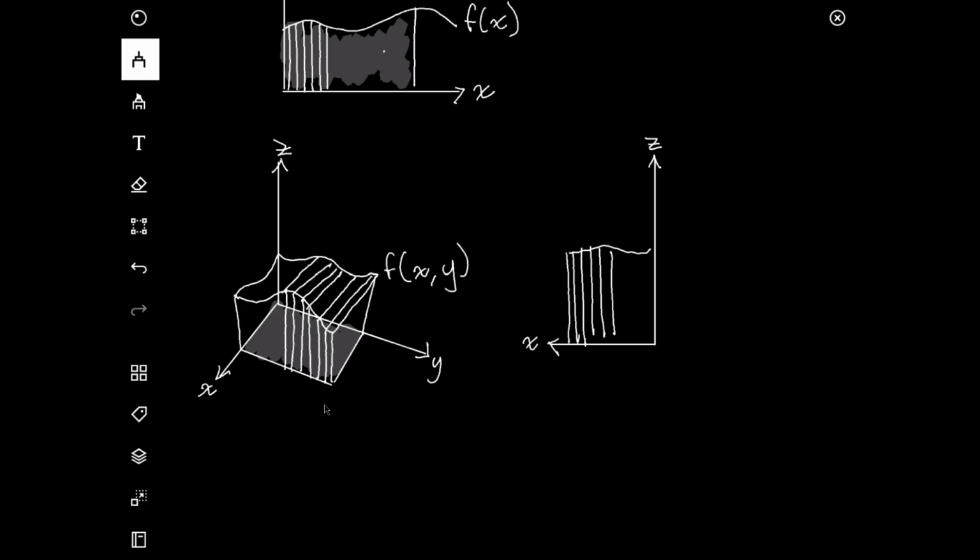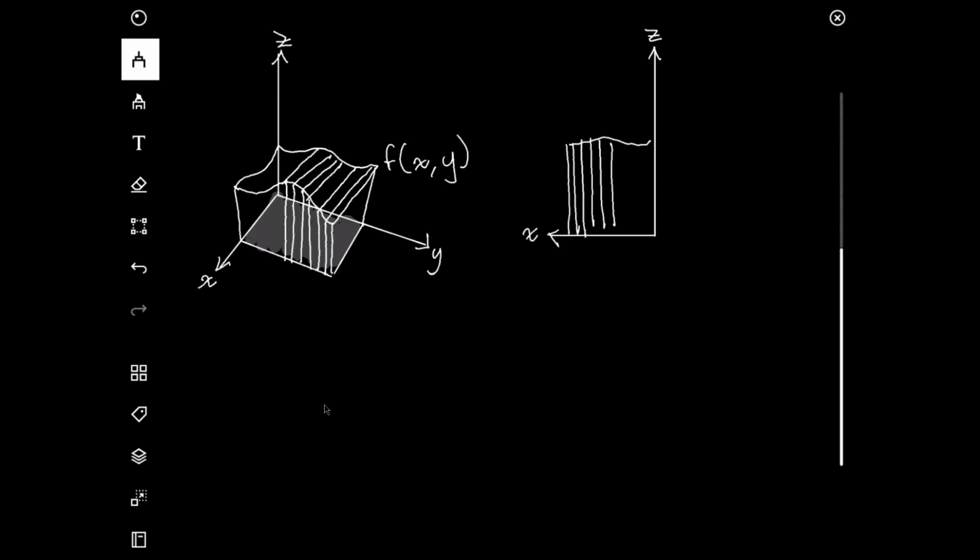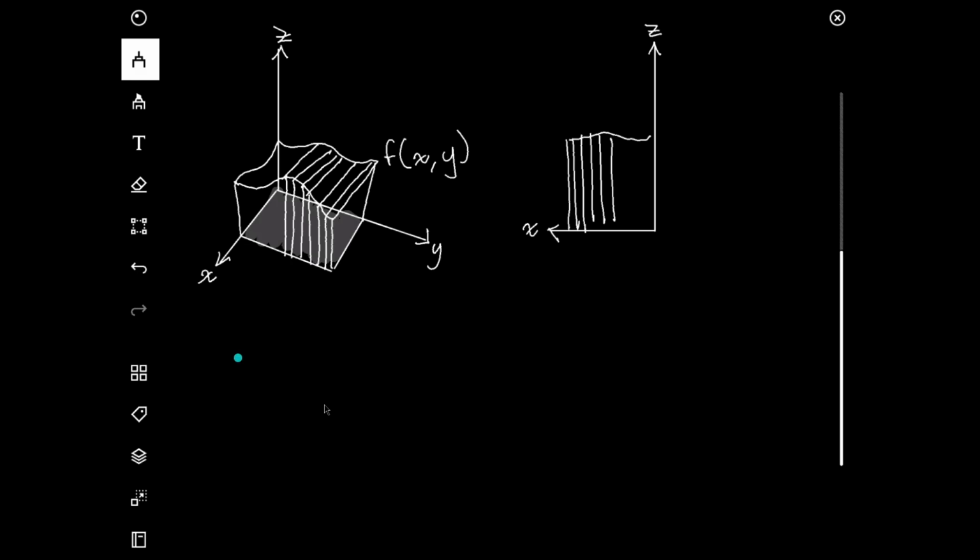So let's start out with a very easy double integral. D. Okay, so this is how you'll see a lot of the integrals start to be written out at the beginning, right?